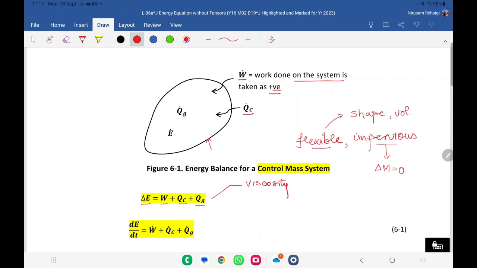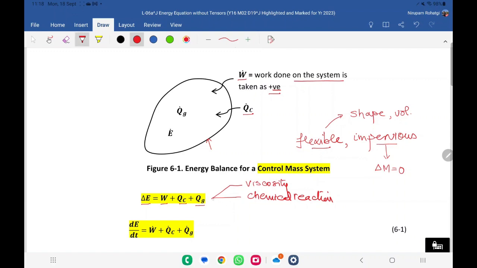It's all moving, velocity is there, viscous forces are there, and kinetic energy can get converted into heat. That is one way. The second is that you can have a chemical reaction which may generate heat.